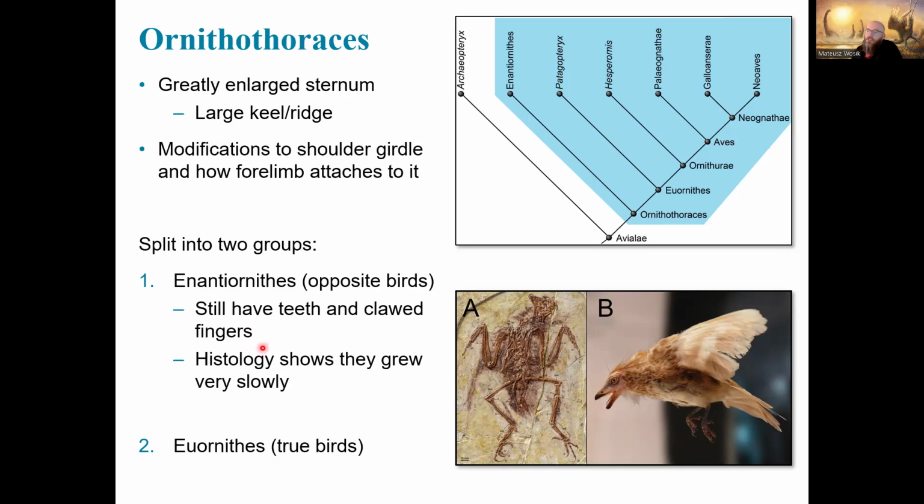And their histology indicates that they actually grew pretty slowly, which is very different relative to what modern birds do. Modern birds have an incredibly fast growth rate, to the point where, for instance, an ostrich grows from about a softball size egg to something that's about 7.5 to 8 feet tall in less than 1.5 years, which is unbelievable.